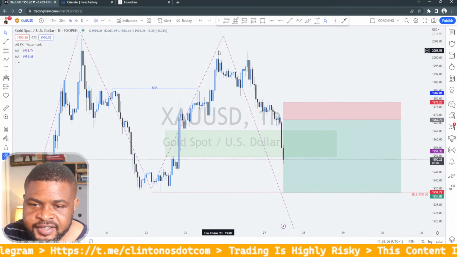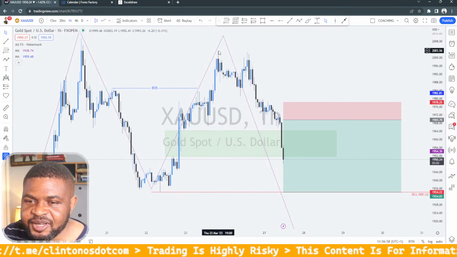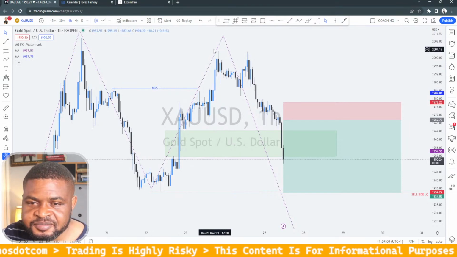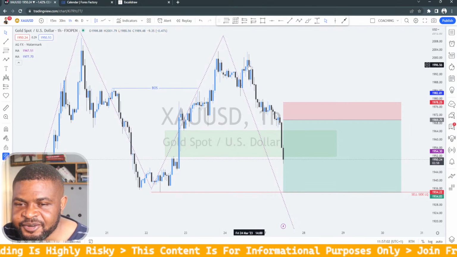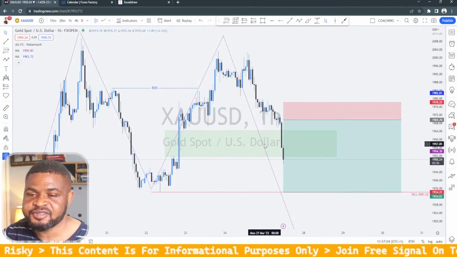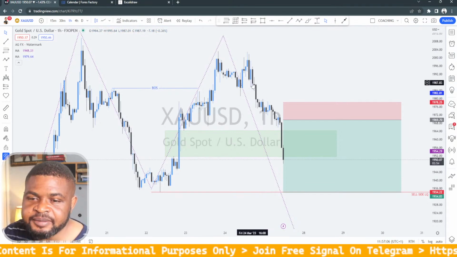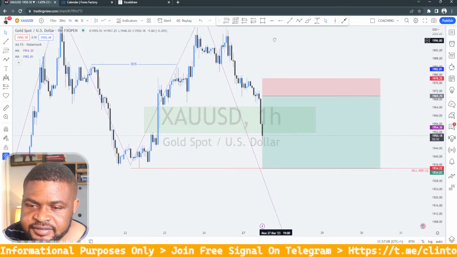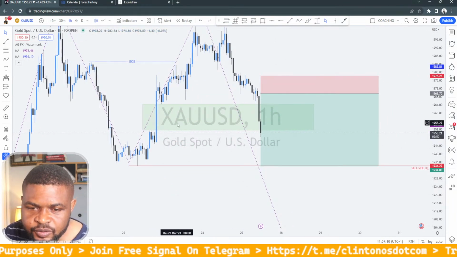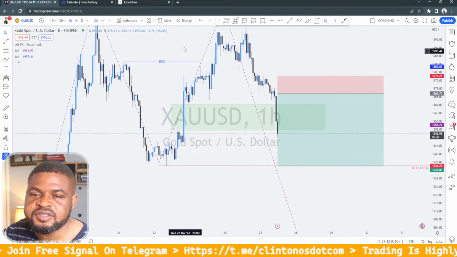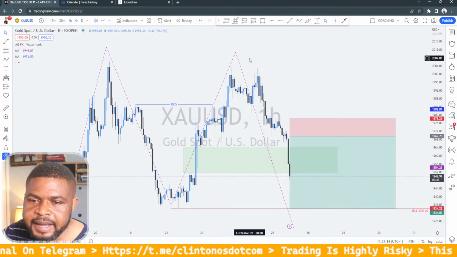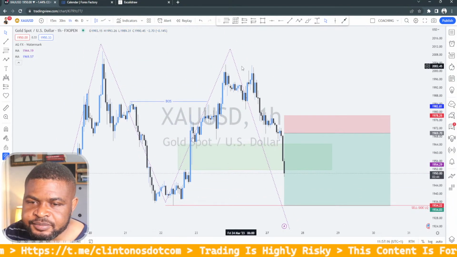I'm not seeing a head and shoulder pattern right there. I don't know, probably I don't know what head and shoulder is, but I'm not seeing that. All I'm seeing right there is price moving down to take this liquidity. Might be wrong, but that's what I'm seeing, bro.